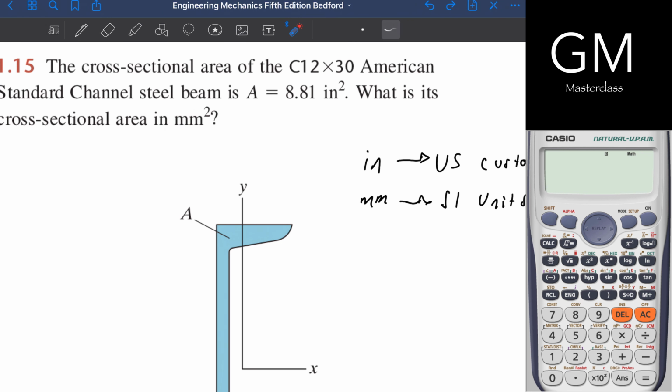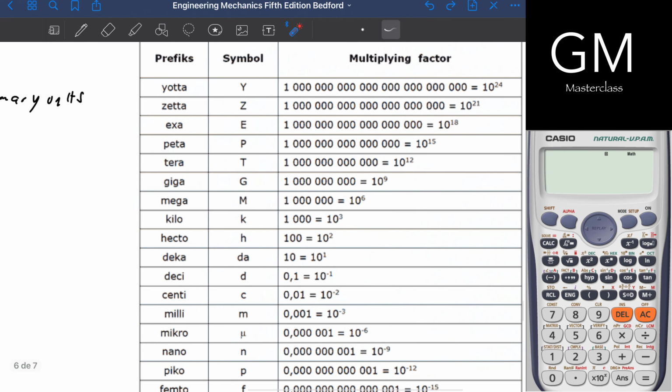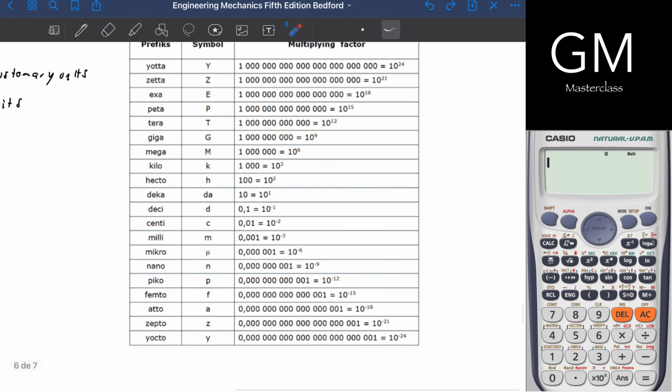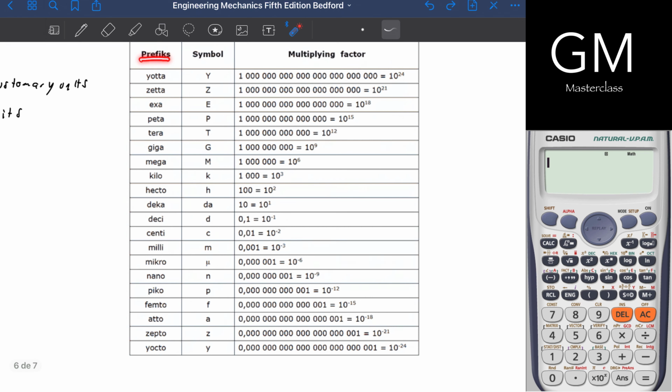There is a chart, you can find it as units prefixes, and in that chart you'll find all the prefixes. I have it right here. So as you can see here, you have the prefix, the symbol, and the multiplying factor.